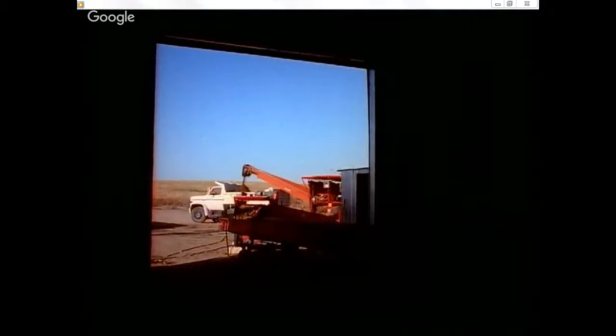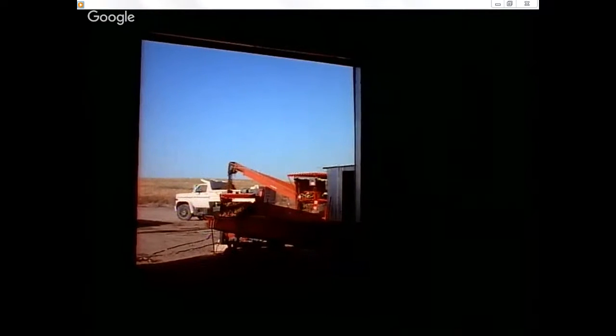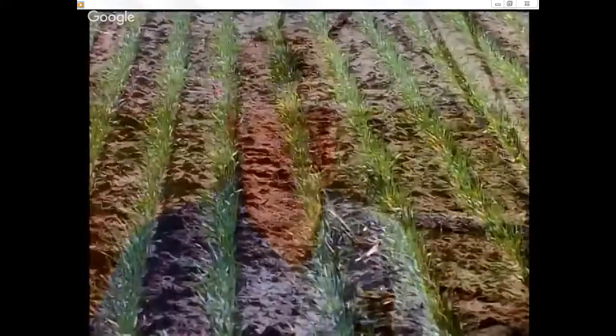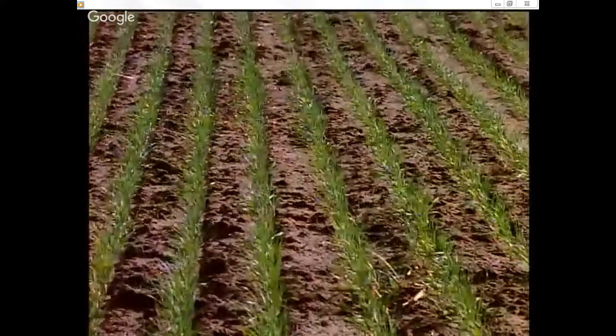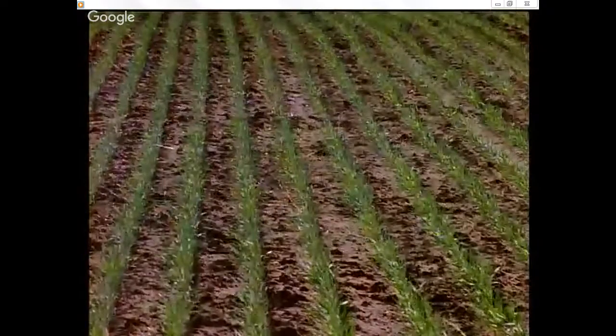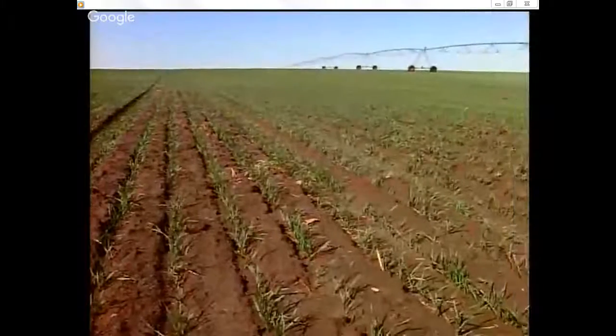So it's a very serious consideration that we take the time to prepare for that potato crop. And so what we do is spend anywhere from 2 to 3 or 4 years preparing the ground prior to planting the potatoes. And this crop is one of them.